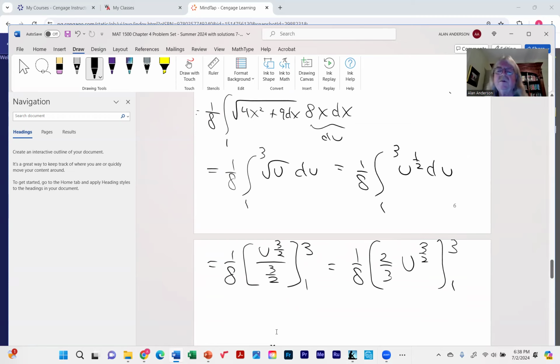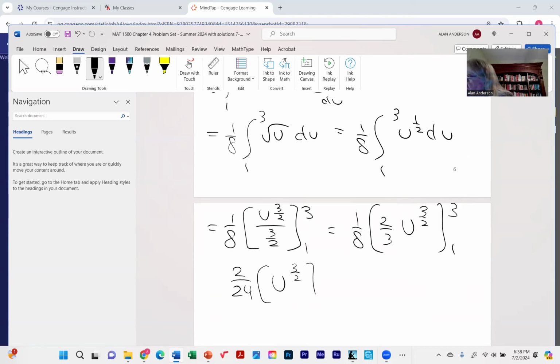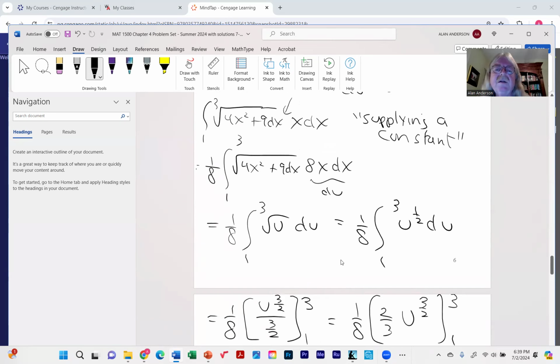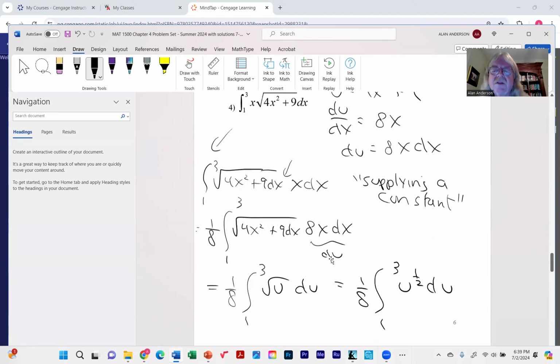And just to keep it simple, we should probably just multiply together constants. So we have 2 out of 24ths, which of course is the same thing as 1/12. Now we can replace the u with whatever definition we chose, which was 4x squared plus 9.